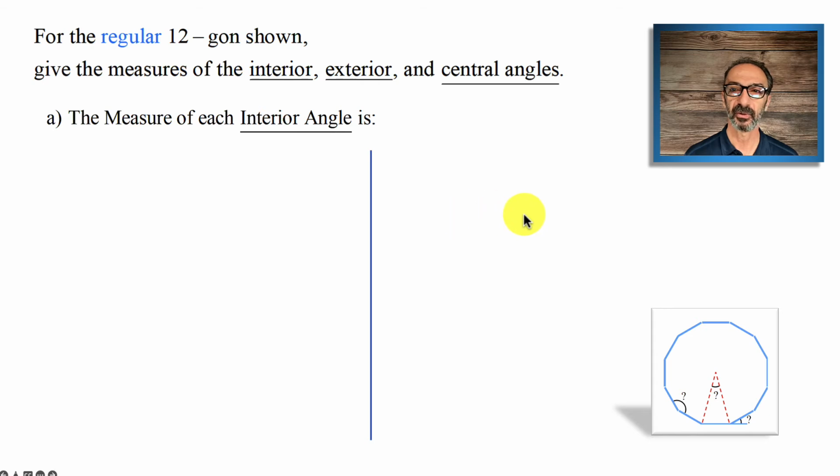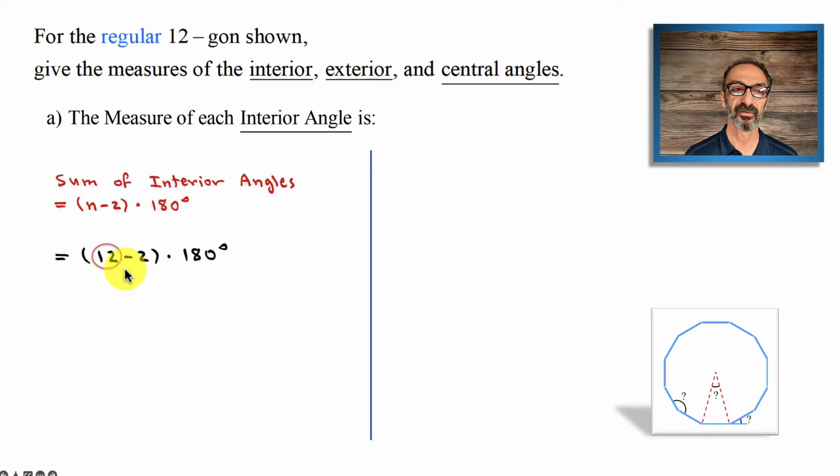So, what did we know from the theorem? The theorem said the sum of the interior angles is n minus 2 times 180. So if you add this, and this, and this, and this all the way, you'll get n minus 2 times 180, but n is 12. So we're going to write 12 minus 2 times 180 because n is 12.